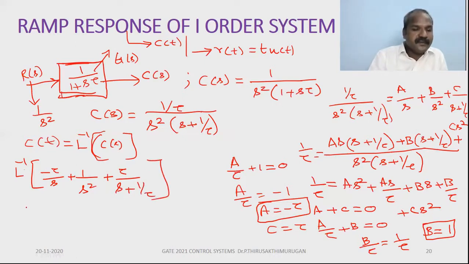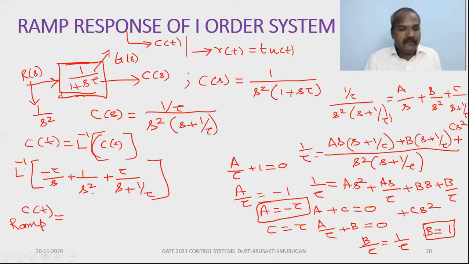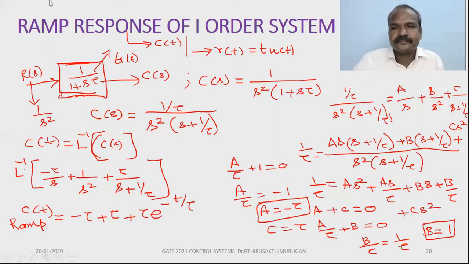Now it is very easy to find C of t of ramp. Ramp response equals, for this, minus tau plus L inverse of 1 by s square, t, plus tau e power minus t by tau. Clear?